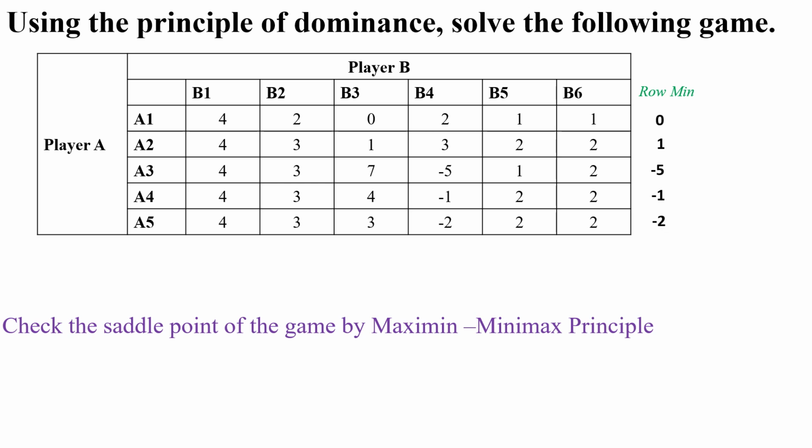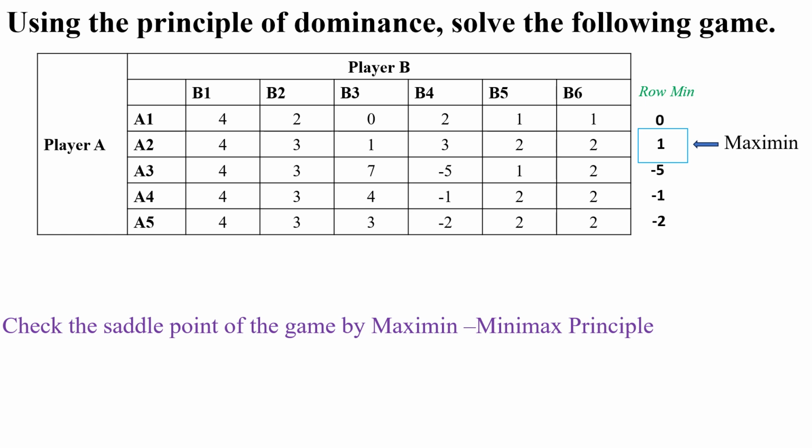Next, we have to select the maximum value among these minimum values, which we call the Maximin value. Here the maximum value among the minimum values of 0, 1, -5, -1 and -2 is 1. So 1 is the maximum value, and we call this the Maximin value.